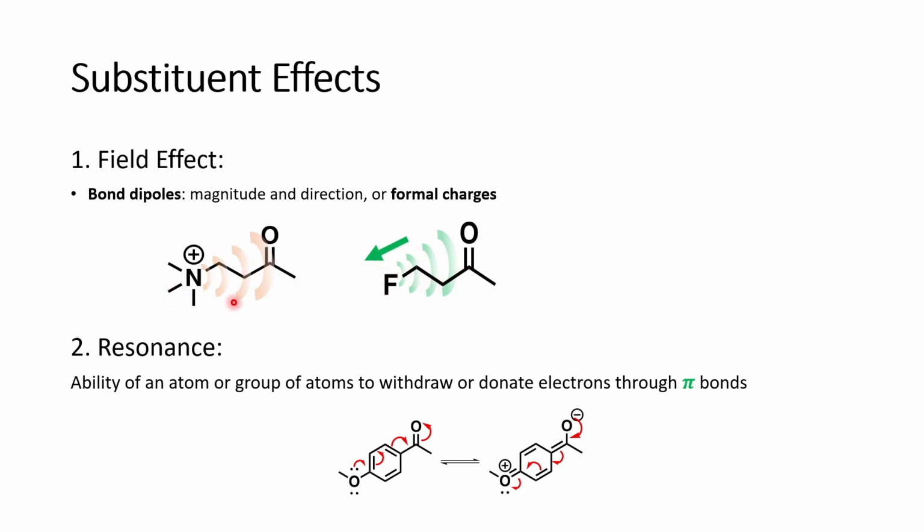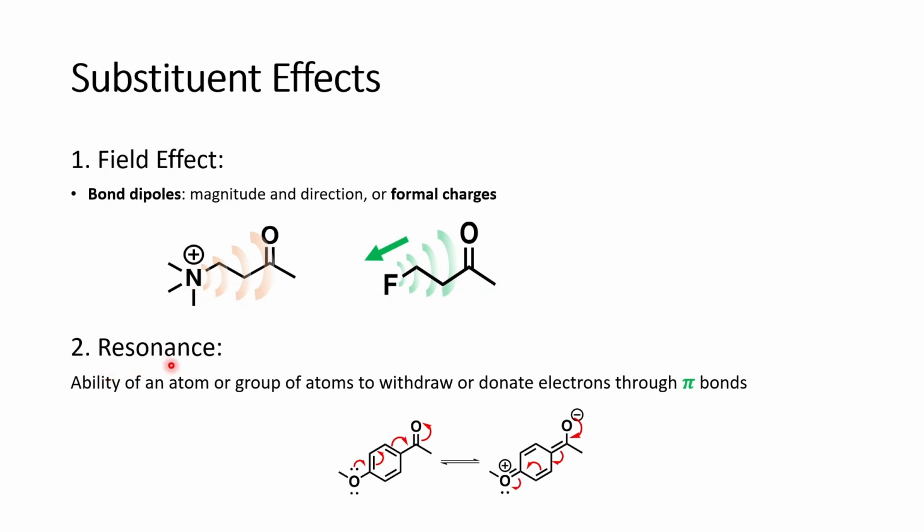Either way, the bond dipole or the formal charge can generate an electric field, and because of this electric field, it can actually affect even a functional group which is further away from the bond dipole or the formal positive charge.